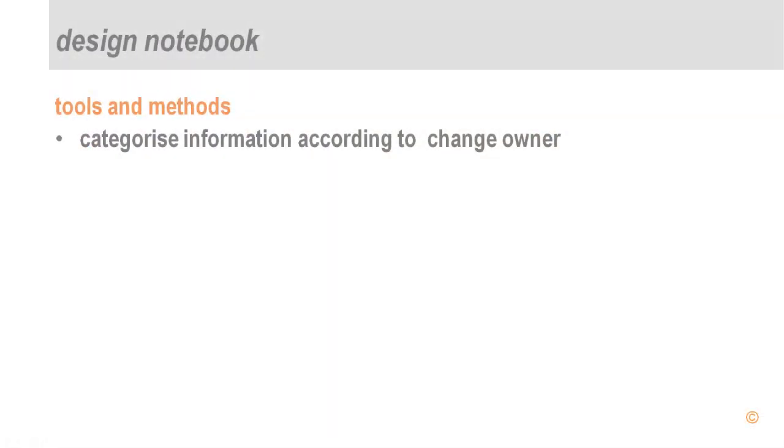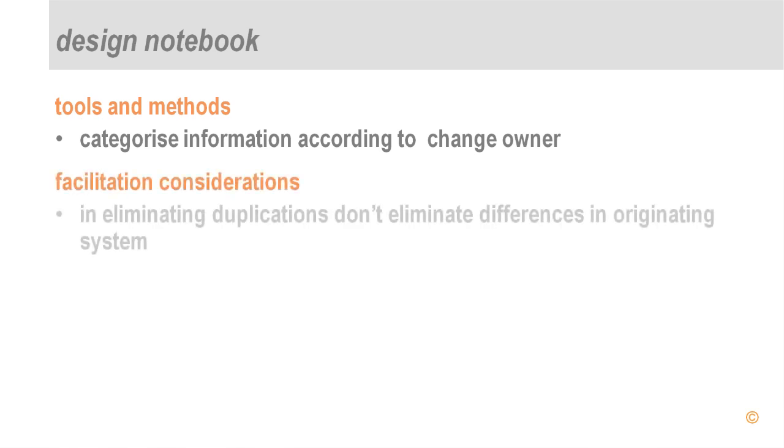What the task team must be careful about here is that in eliminating any duplications, they don't eliminate the differences from the originating system. What I mean is, I in HR may have a different interpretation of the kind of data processing that I propose to them than manufacturing may have. And these subtleties should be maintained.